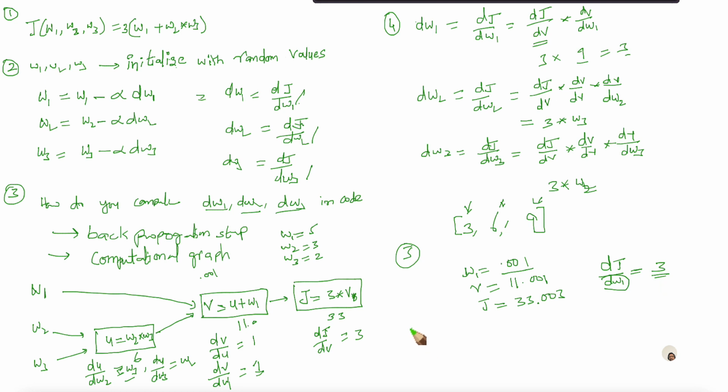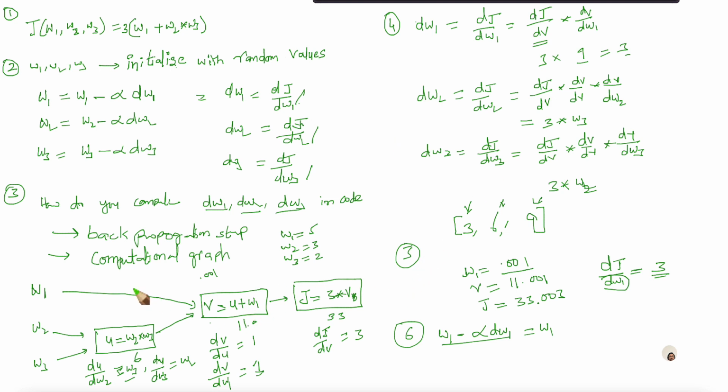So that's what it refers to here, and we will go back and substitute. w1 minus alpha, which is the learning rate, times whatever dw we computed based on the initialization value, and we are going to change w1 to this value. This is going to be the new w1, right? So this is what we are doing, and the same thing will be applied for w2 and w3. This is the reason for the autograd function. In PyTorch, when you say requires_grad is equal to true, it keeps track of this whole chain and retains the values.